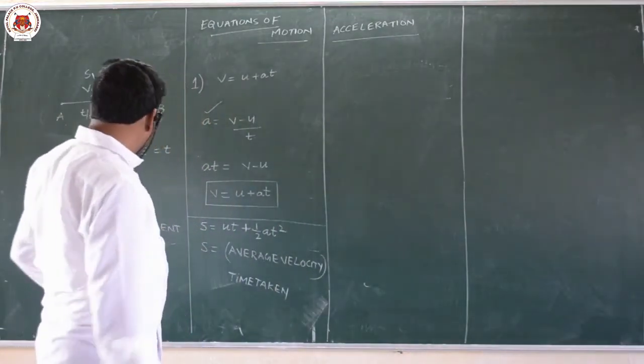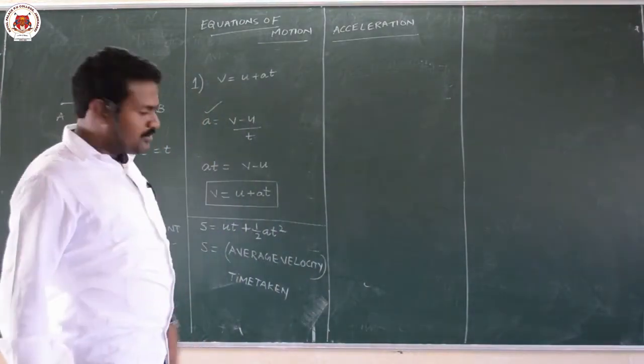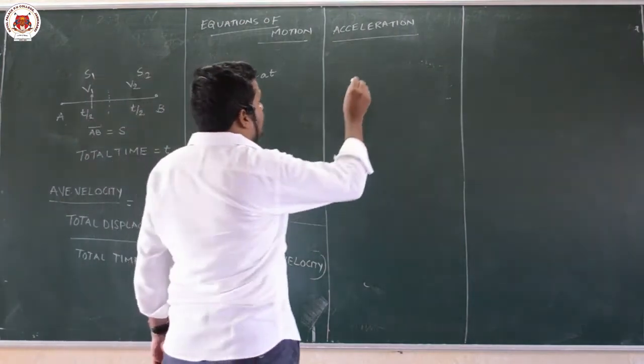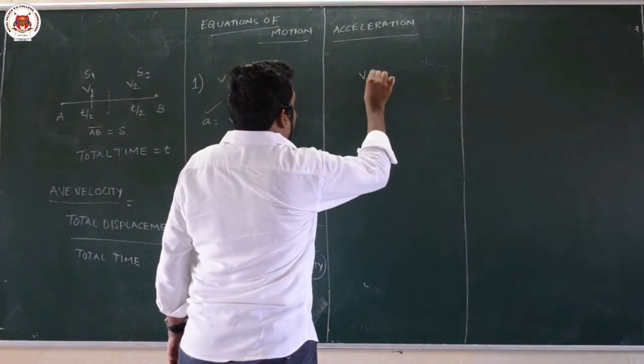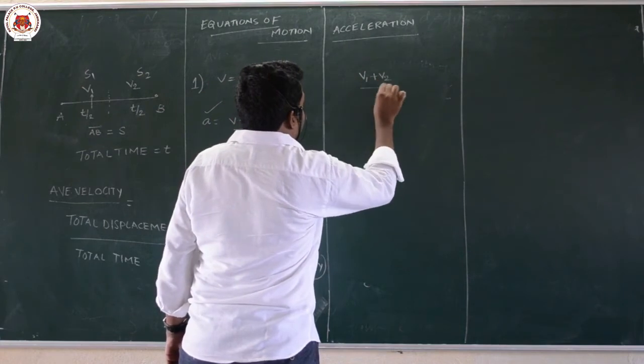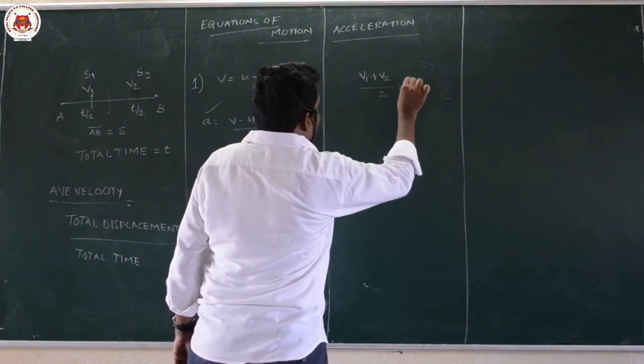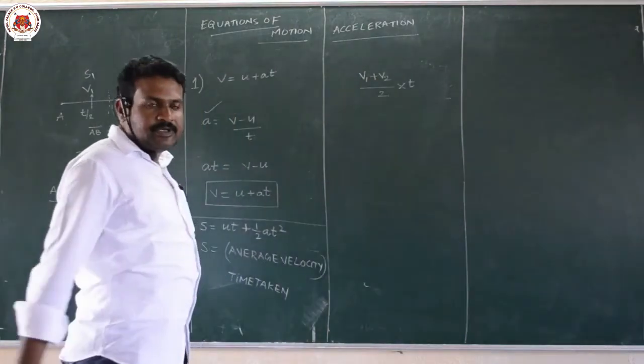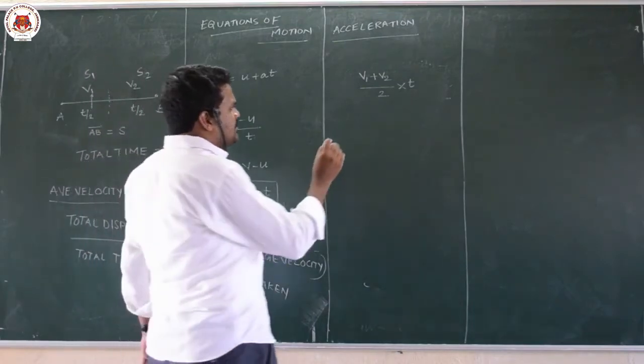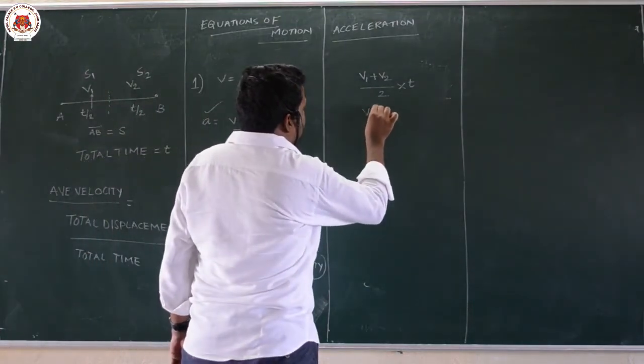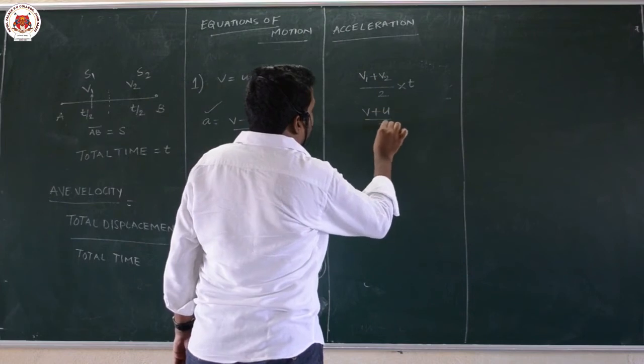Just now we have seen v1 plus v2 by 2 in the previous example. So we can write it as v plus u by 2 into t.